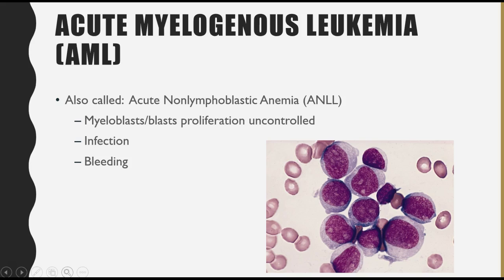Onset is very abrupt, with signs and symptoms of bleeding and infection, and the illness results from uncontrolled growth of those myeloblasts, and those are your immature granulocytes. Other signs and symptoms that can be found are fatigue, weakness, headache, mouth sores, and anemia, and that's showing those systems that are being impacted by the immature growth of those myeloblasts.